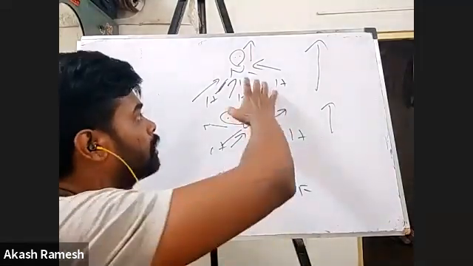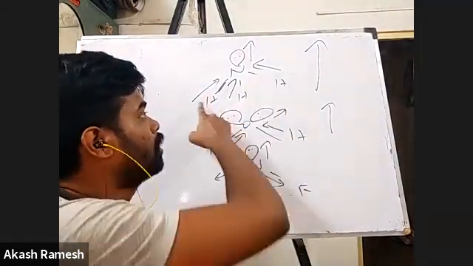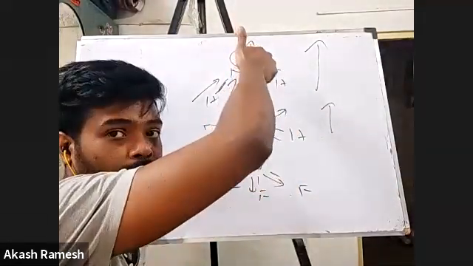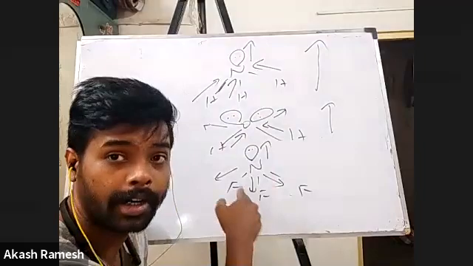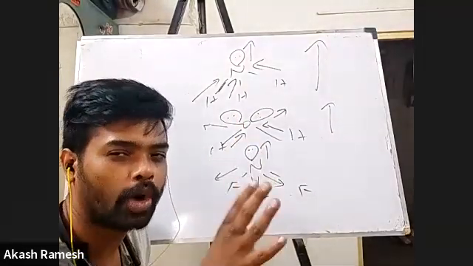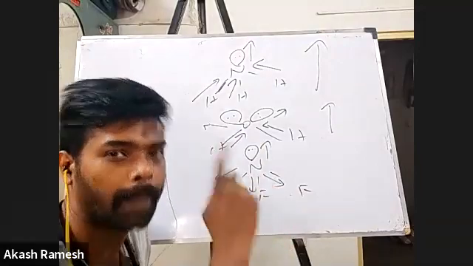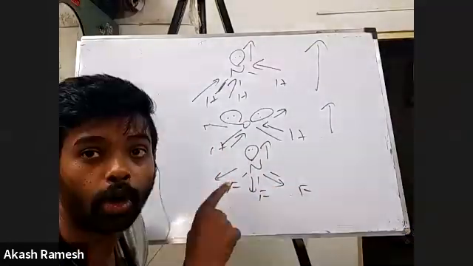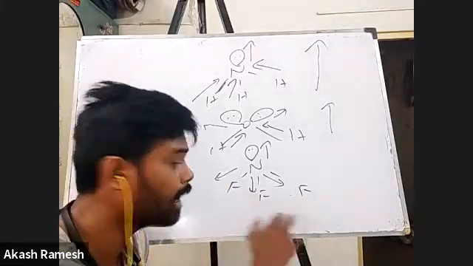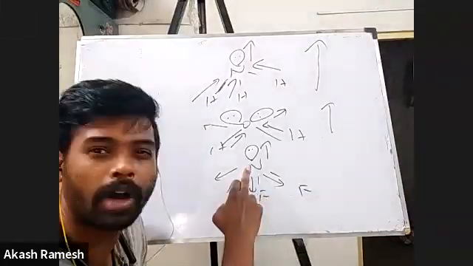But if I compare this molecule and this molecule, all the 3 NH bonds are pointing up and this lone pair is also pointing up. But in this case, 3 bond dipoles are pointing down and the lone pair is pointing up. Would the overall dipole moment be pointing up or not? The overall dipole moment in this case is going to point down. Why? Because you have 3 F atoms and there's only 1 lone pair.